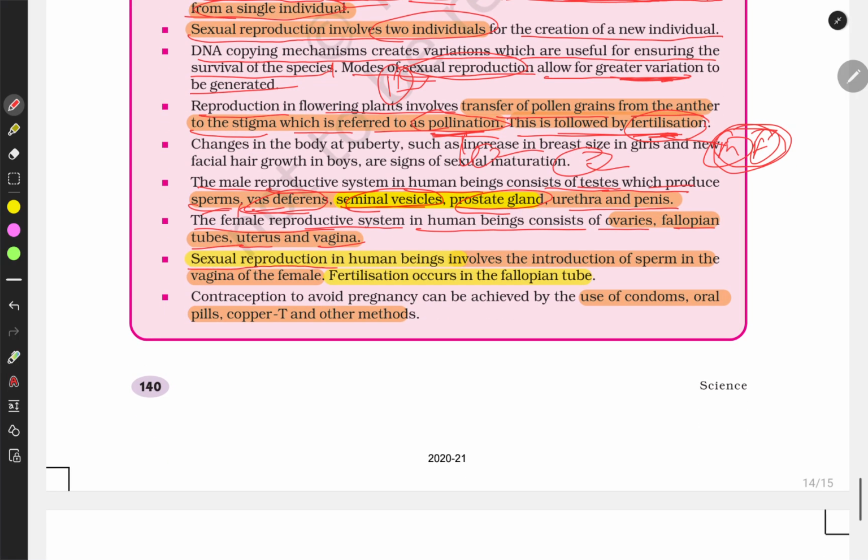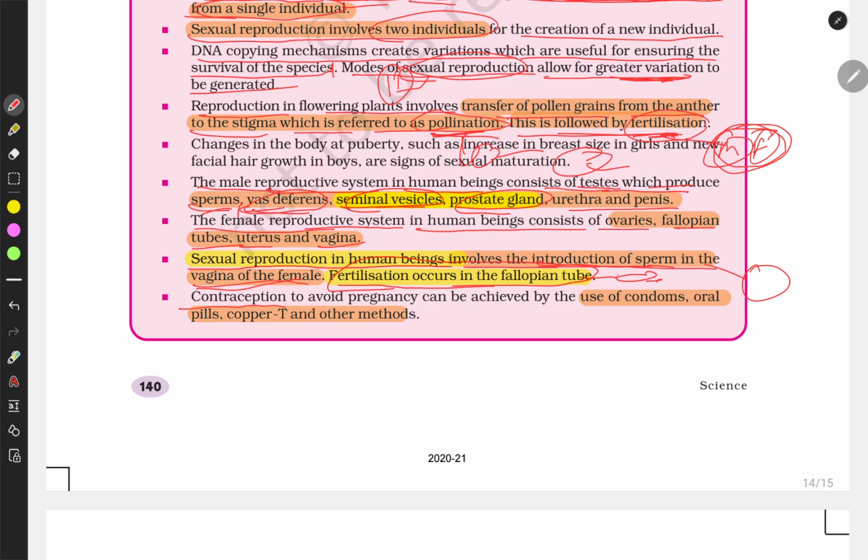Sexual reproduction in human beings involves the introduction of sperm into the vagina of the female, and fertilization occurs in the fallopian tube, especially at the ampulla. This introduction of the sperm into the vagina is called internal fertilization. And if the fertilization happens outside the body, this is called external fertilization.